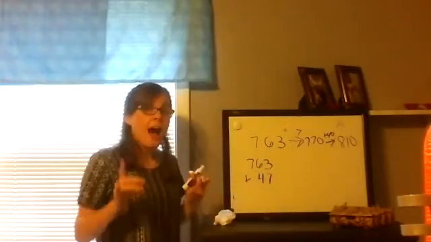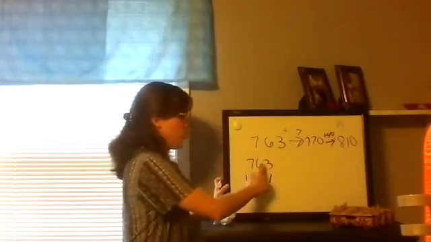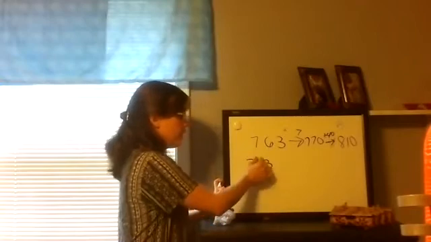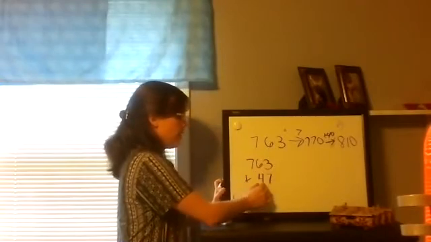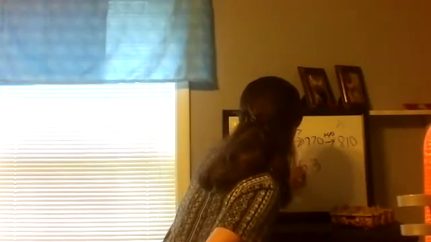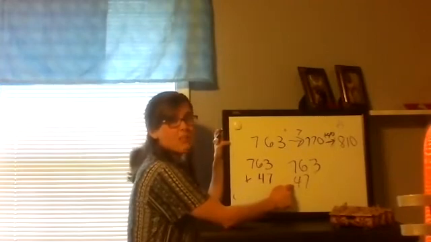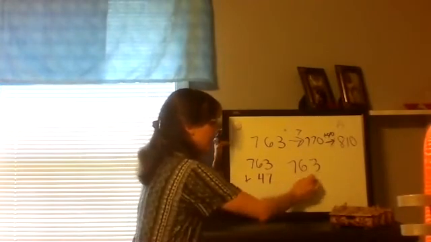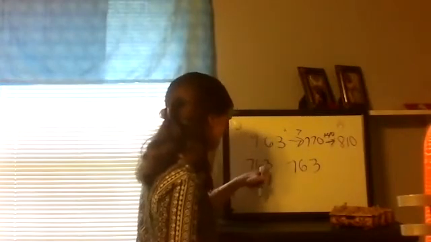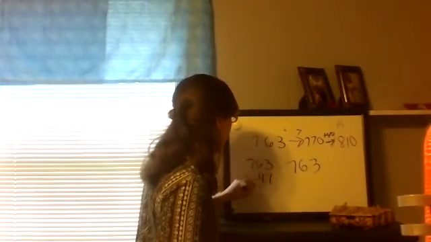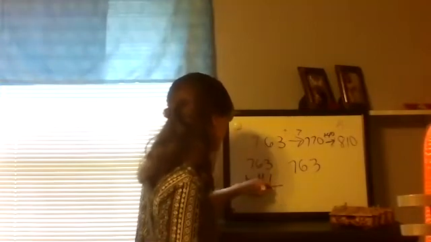Now, I must make sure my ones column is together and my tens column is together. If I get sloppy and write it like this, that's going to make me add 400s instead of 40s. We can't get sloppy. I can clearly see my ones are lined up and my tens are lined up.